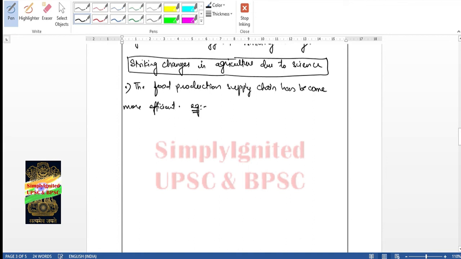For example, the green revolution has increased the overall food production in India.